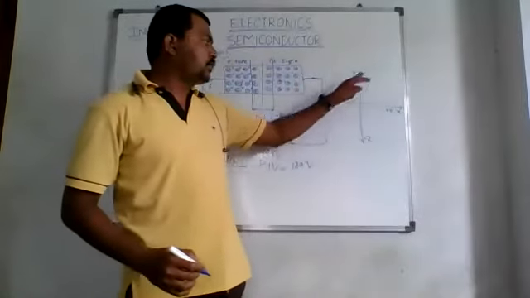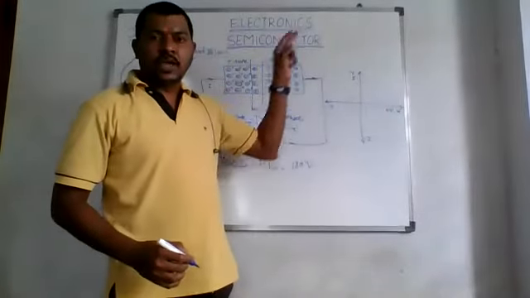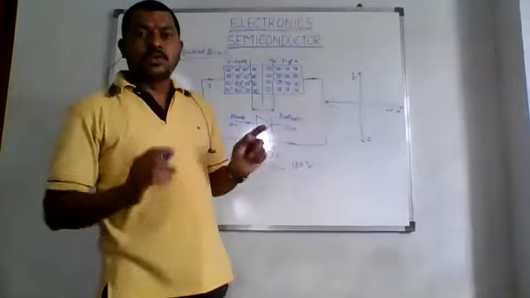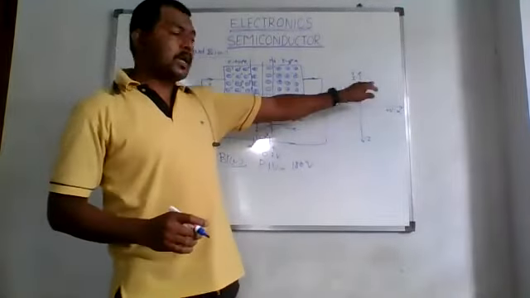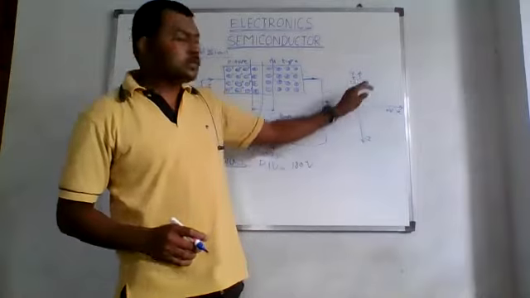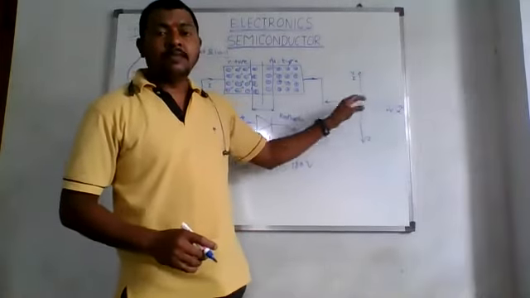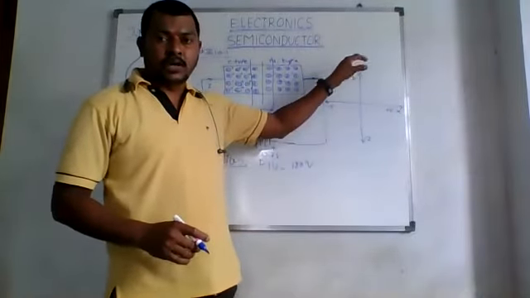We have the quadrants: first, second, third, and fourth. So we have four quadrants over there. The forward bias condition will be taken in the first quadrant since both are positive. So we'll have a positive voltage and a positive current, right?